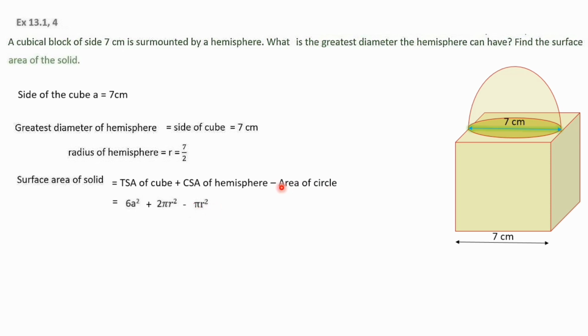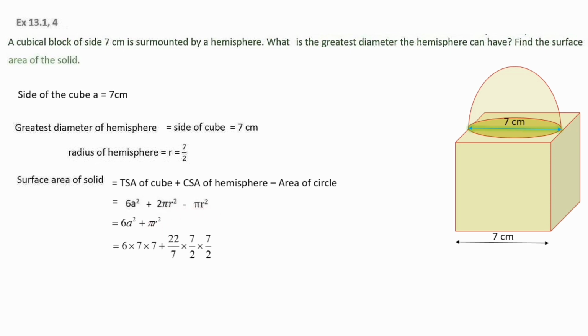Remember, some people may think, from where does this area of circle come? Area of circle, in the sense, is the base area of the hemisphere. Hemisphere base is circular in shape. That portion is not visible for us. That's why it is subtracted. Then here 6a square plus 2 pi r square minus pi r square, that is pi r square.